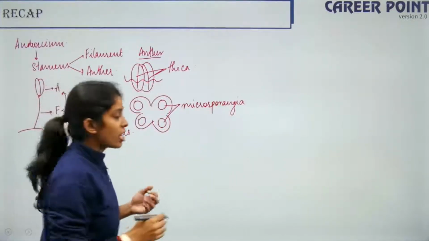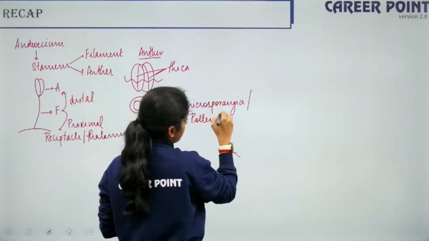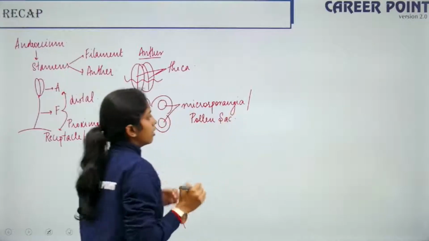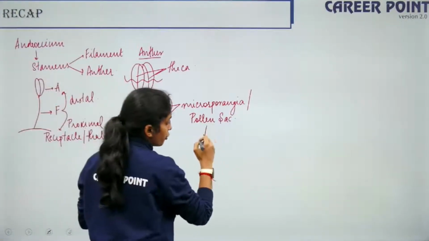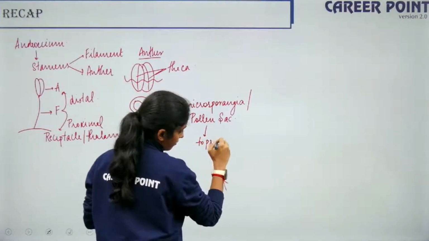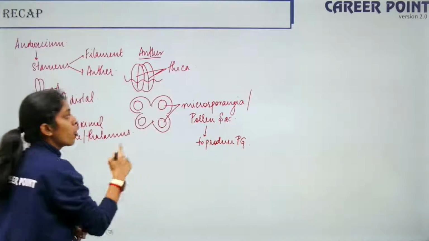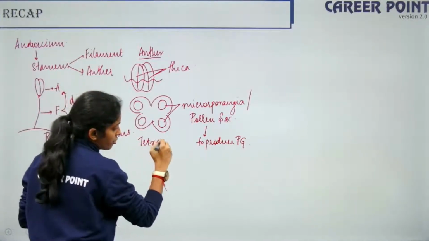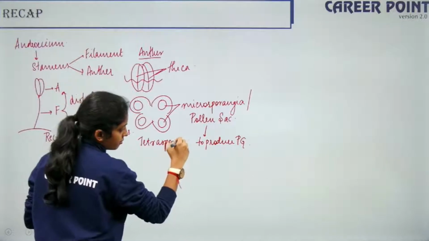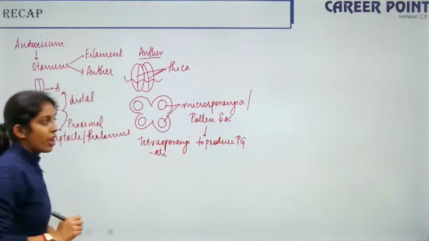Your microsporangia is also known as the pollen sac. What is the function of the pollen sac? To produce pollen grains. Since there are four microsporangia, it is known as tetrasporangiate.